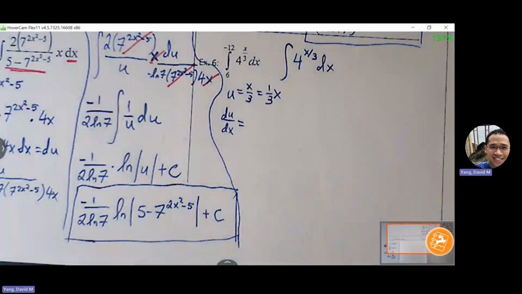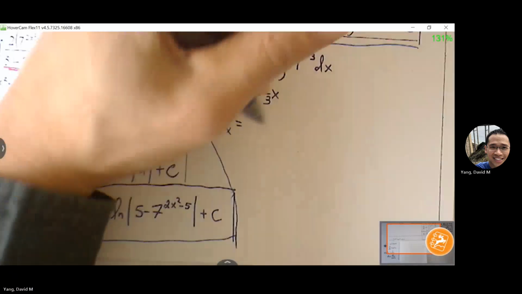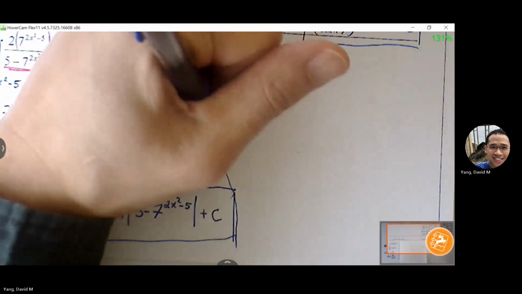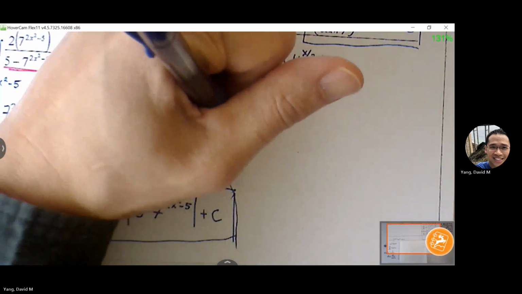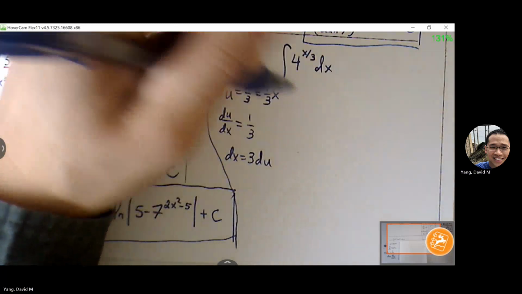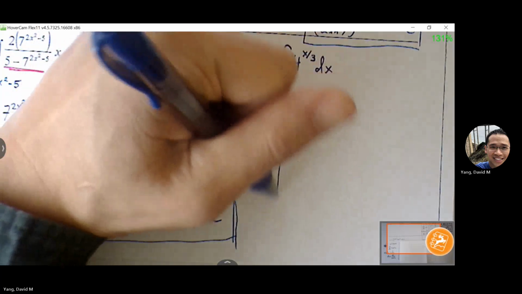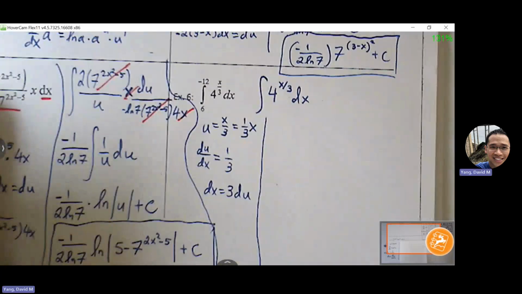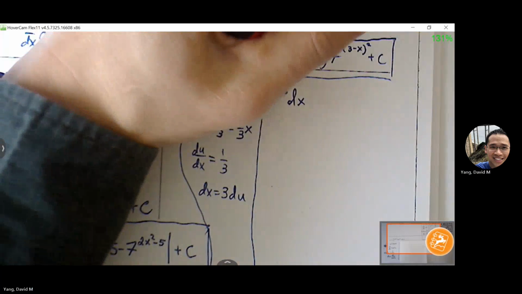Right, what's the derivative of 1/3 x? Just 1/3, right? Cross multiply. Make our substitutions.